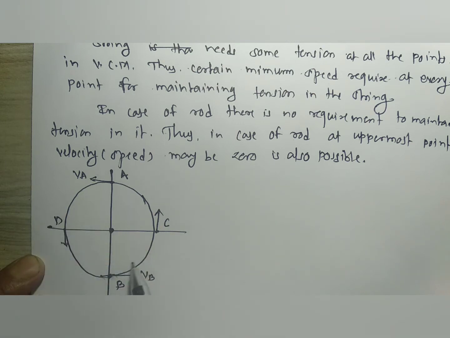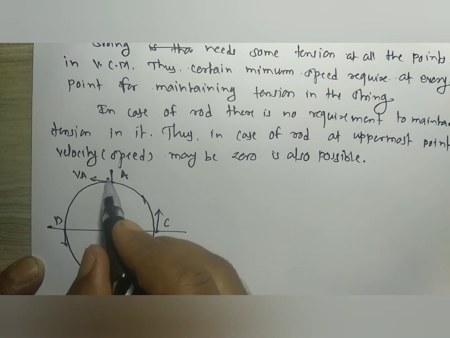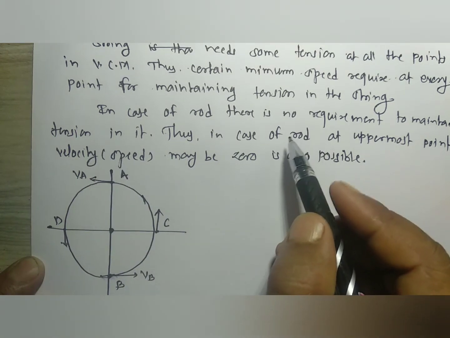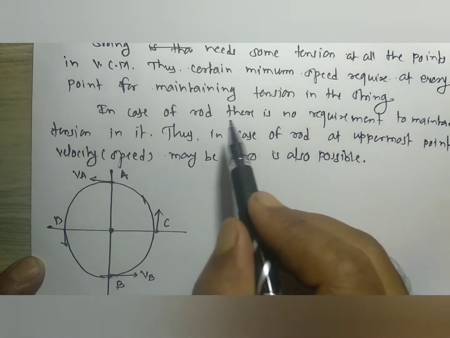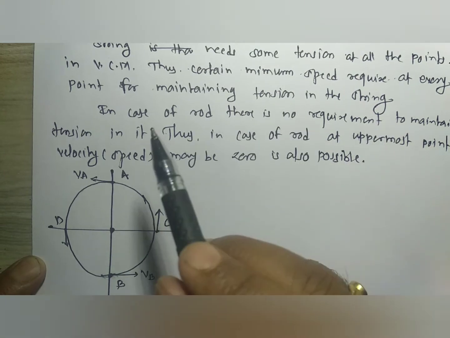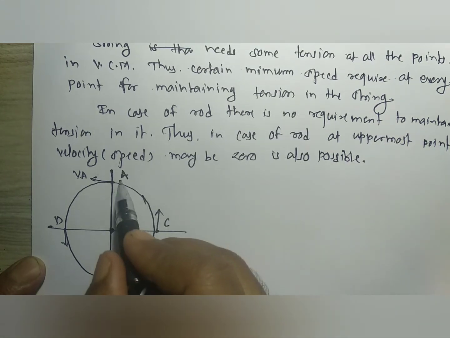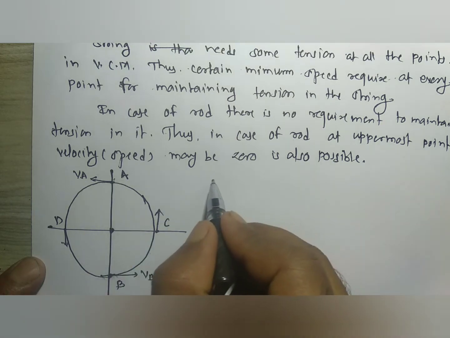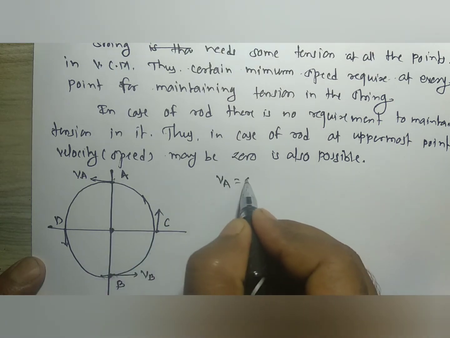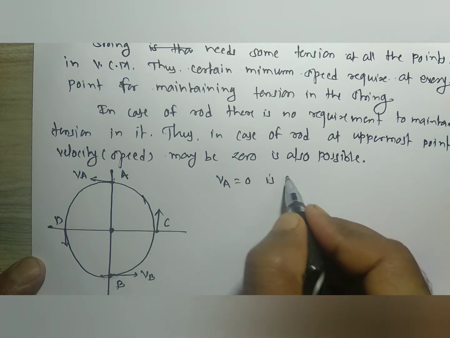We will take the consideration of the uppermost point in the case of a rod. When we take the rod as a radius, there will be no requirement of velocity at the uppermost point, and therefore VA equal to 0 is possible.